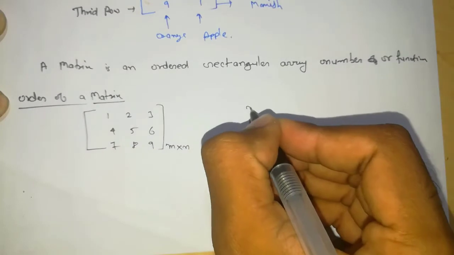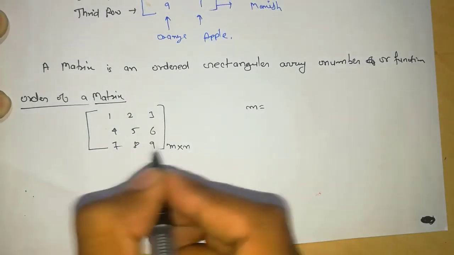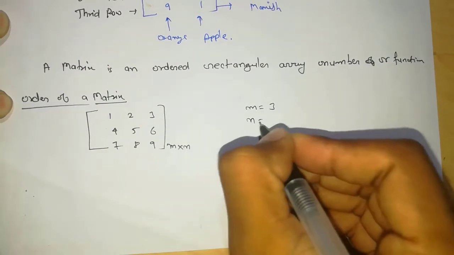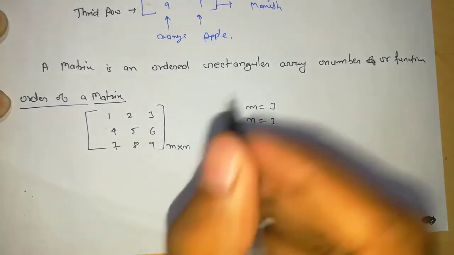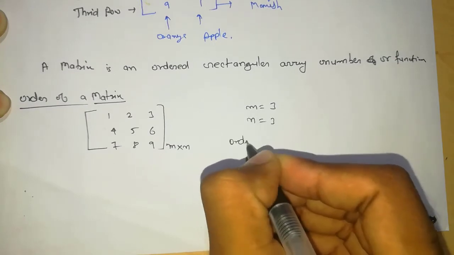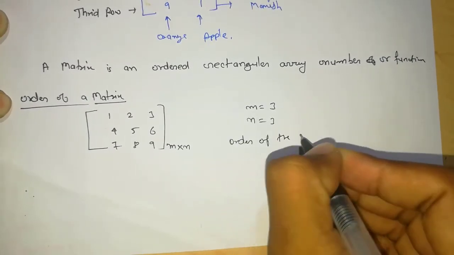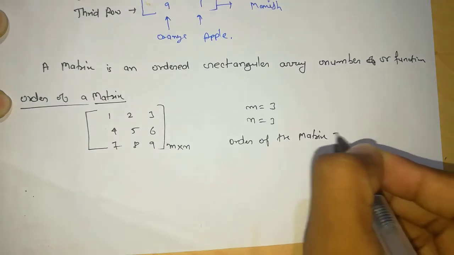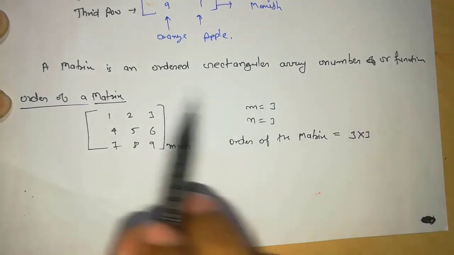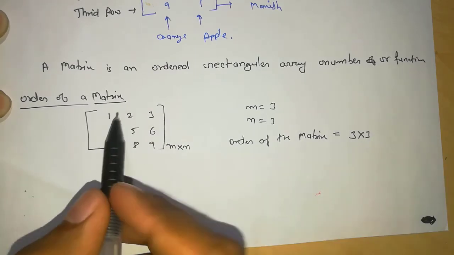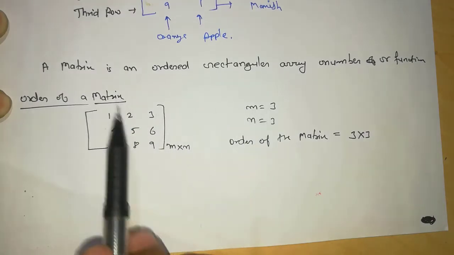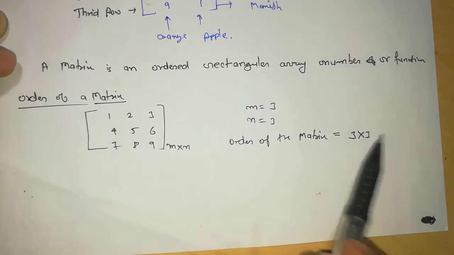The number of rows is 3 and the number of columns is also 3. Then this matrix is of order 3 into 3, it means it contains 9 elements.